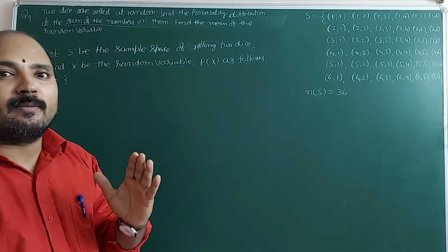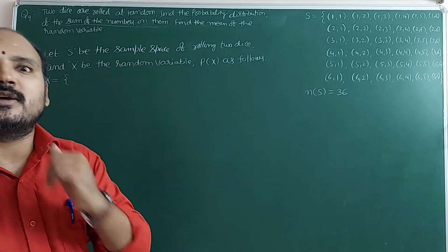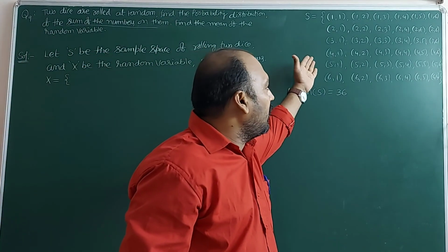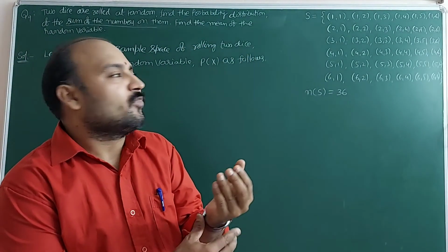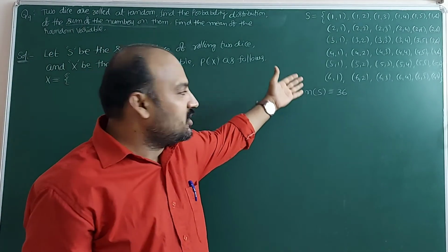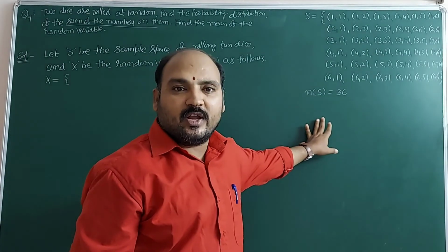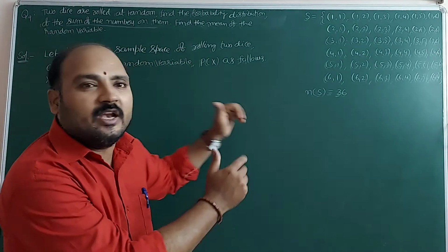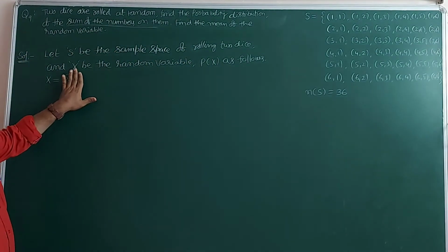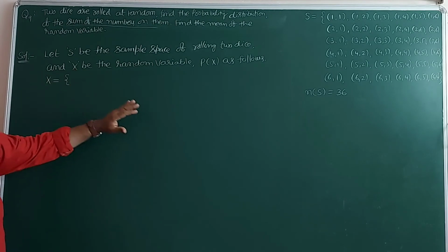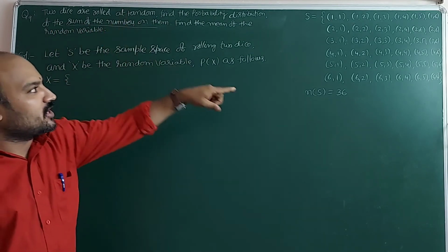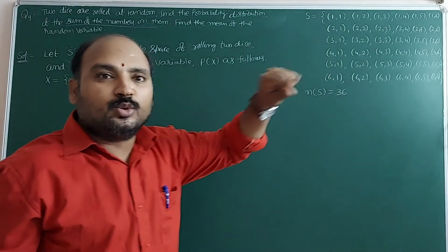Like this, 6 comma 1, 6 comma 2 and so on to 6 comma 6. Here I already wrote those values. These are the possibilities, 36, 6 square. From these possibilities, we are going to write the random variable: the sum of the numbers on them. So 1 plus 1, 2.